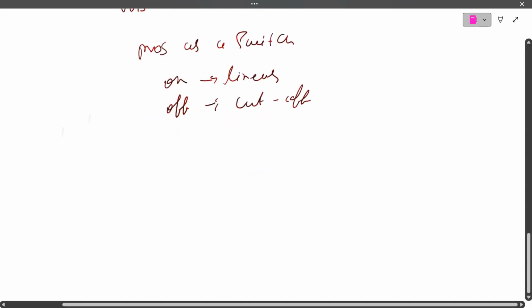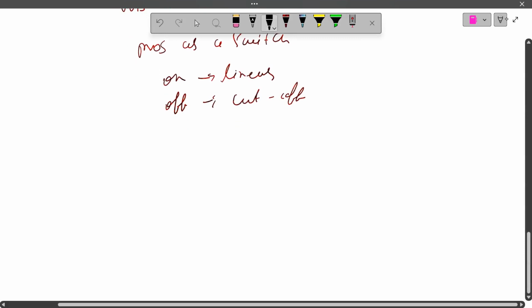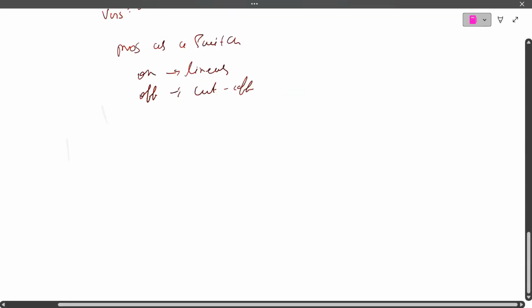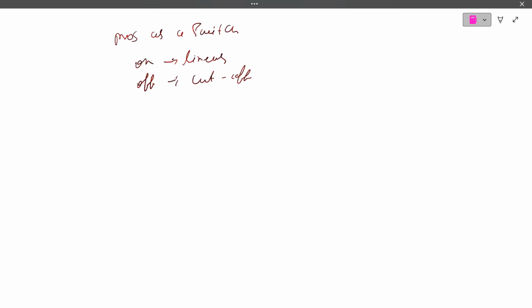So I'm taking the current equation here. By using this, I will explain how the on resistance arises, since in the linear region there is a resistance. See, in the linear region, what is the graph of ID?